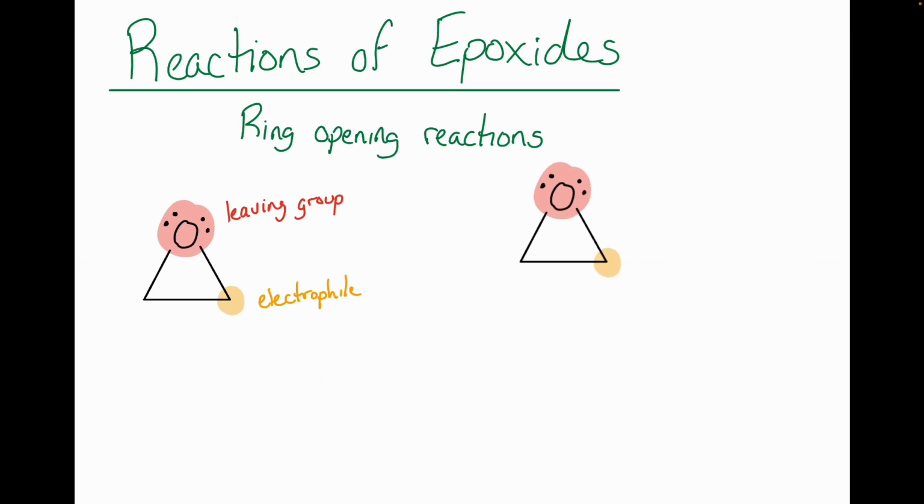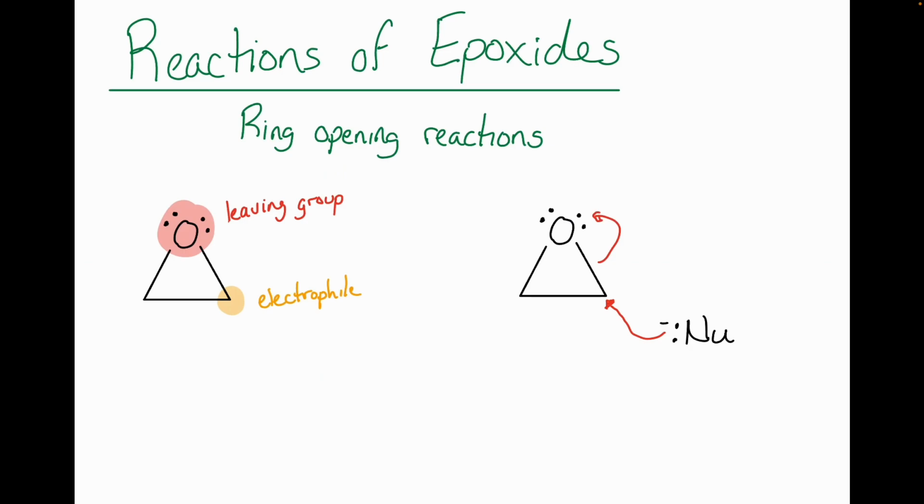All right, so what we're going to see over and over again for these epoxide reactions, there might be a little bit of a twist on it here or there, but there's going to be some nucleophile that does what nucleophiles do and attacks that electrophilic carbon, causing that ring opening to occur.